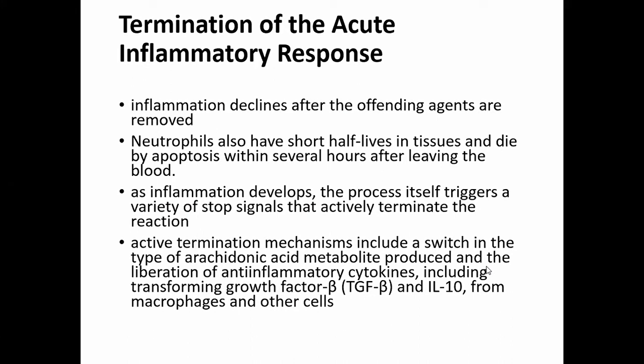As inflammation develops, the process itself may trigger a variety of stop signals that actively terminate the reaction. This active termination mechanism includes a switch in the type of arachidonic acid metabolite produced, and the liberation of anti-inflammatory cytokines, including transforming growth factor beta and interleukin 10, from macrophages and other cells.